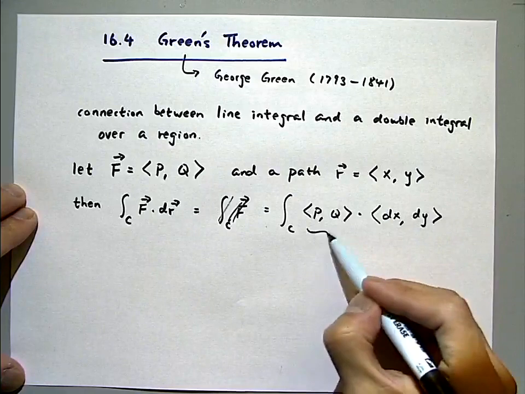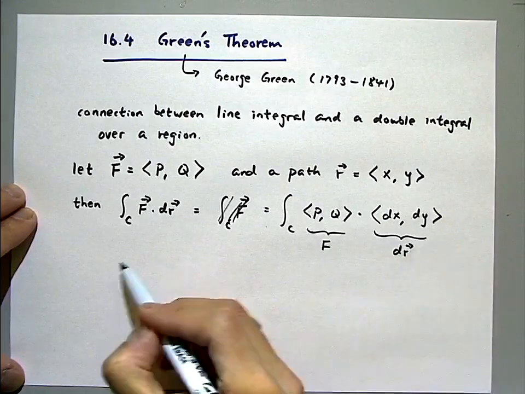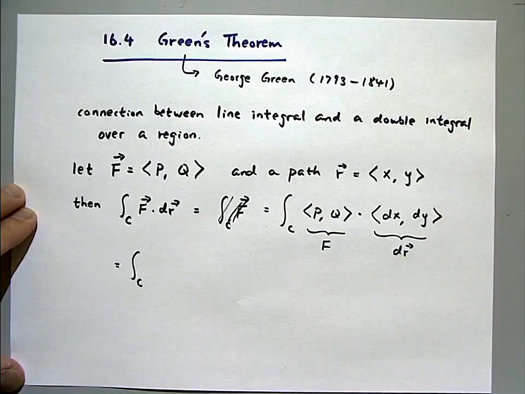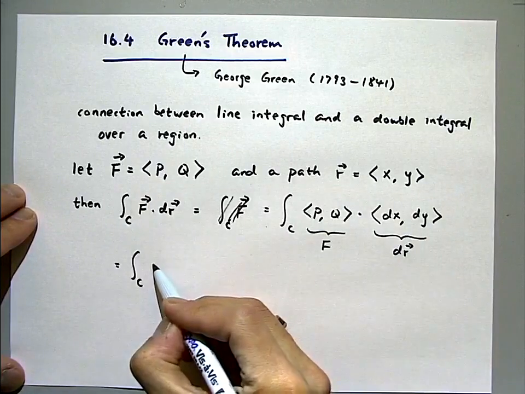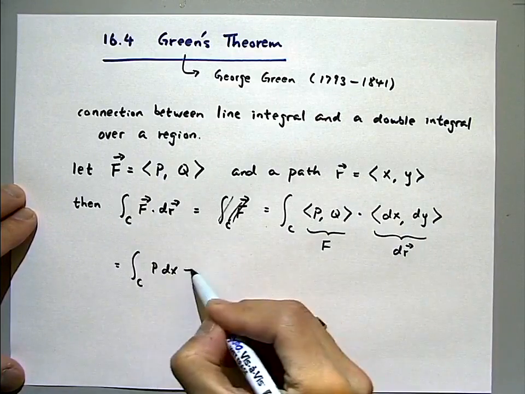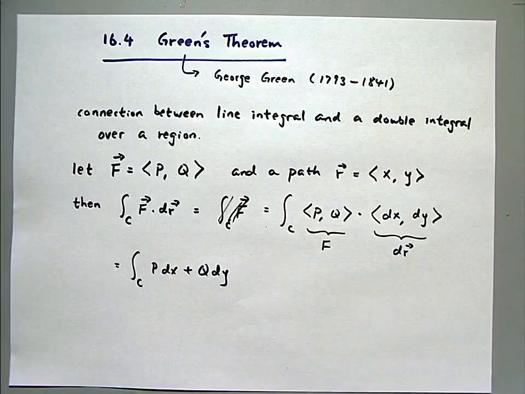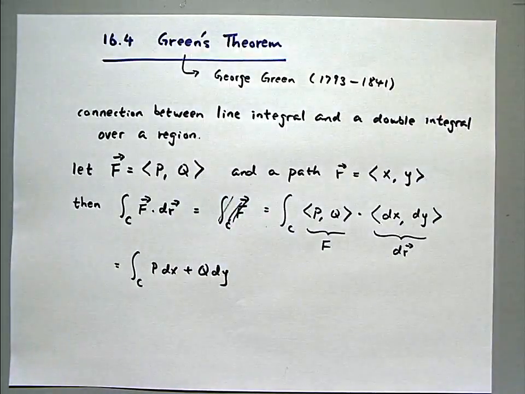So that's F, this is dr. At the end, this F dot dr can be written in another form. It looks like P dx plus Q dy. Okay, so even though this thing doesn't look anything like F dot dr, in fact, they're the same thing for a vector field P, Q and some kind of path x, y.